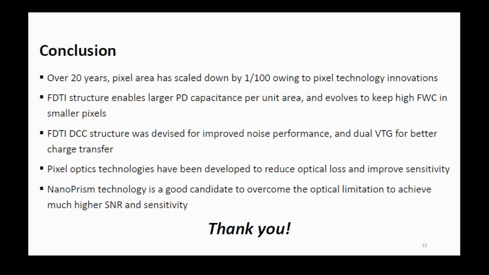The conclusion is that the FDTI structure enables a larger PD capacitance per unit area, and the technology is still evolving. The DCC structure combined with the dual VTG will be the future direction for high resolution sensors.